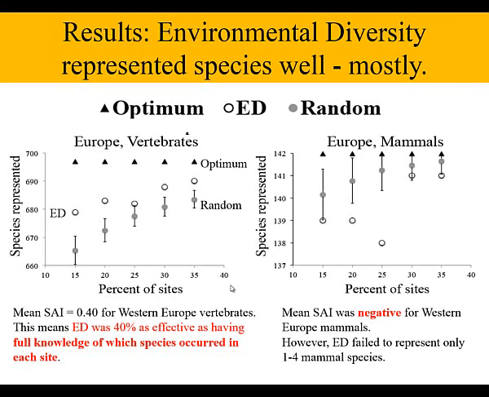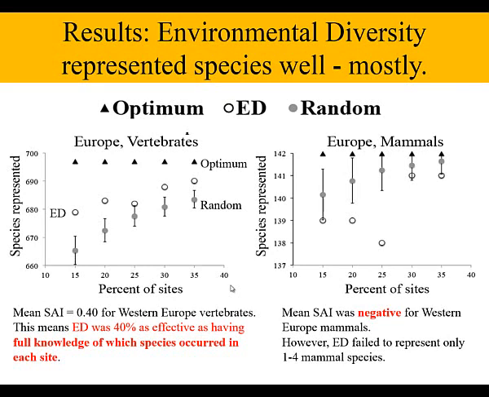But here, even a random data set of 15% of sites captures 140 of the 142 European mammals. So the environmental diversity failed. I think this is because in Europe, mammals are no longer occupying a coherent environmental niche. They're just relegated to the places that aren't paved and where they haven't been killed.